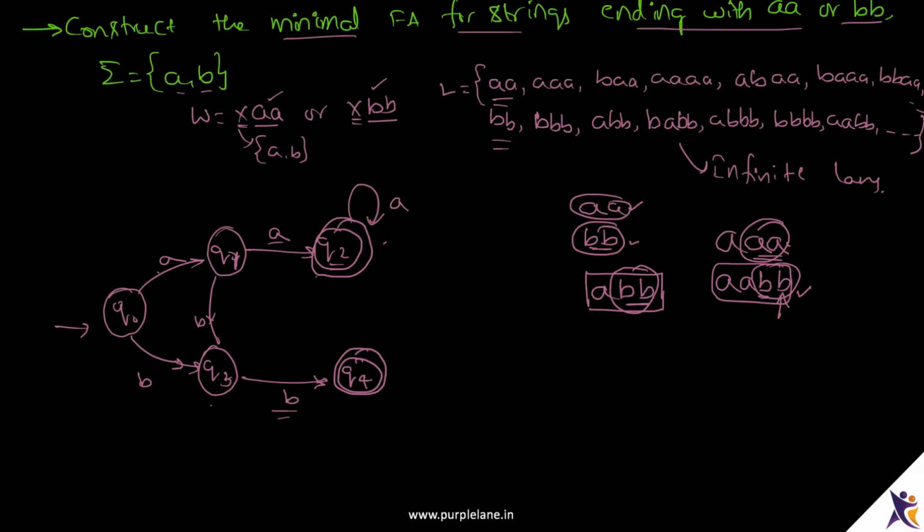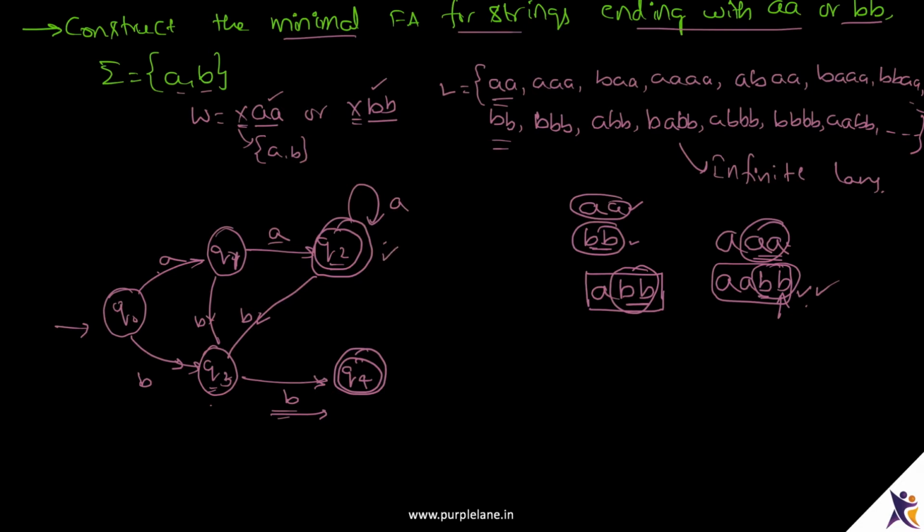So it goes to Q3 on seeing B. From Q3, if we see one more B, it goes to Q4, and if we reach the end of the string, we accept this string. If we don't reach the end of the string, on reaching Q4, we will see how Q4 behaves on seeing A or B. Now Q2 is complete.